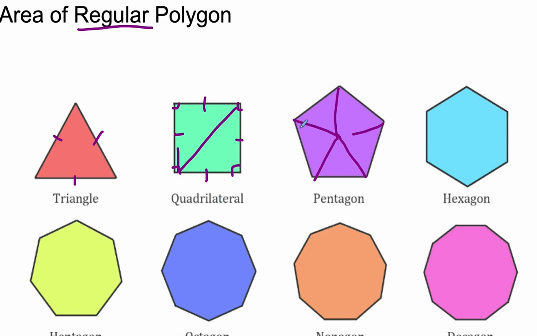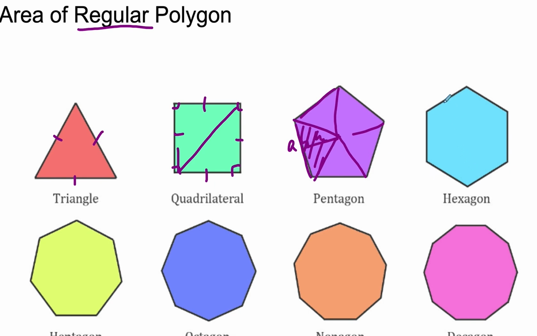So you just need to know the base, which is the same length all around, and find the height. So let's say this is A times H times 1/2 to find one triangle's area and multiply that by 1, 2, 3, 4, 5, right?